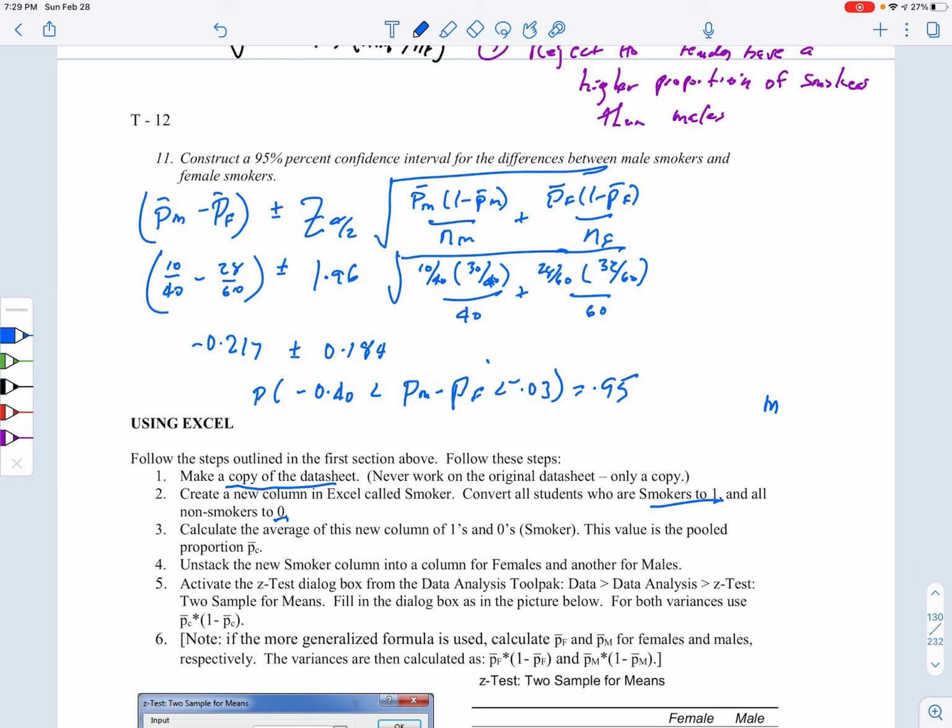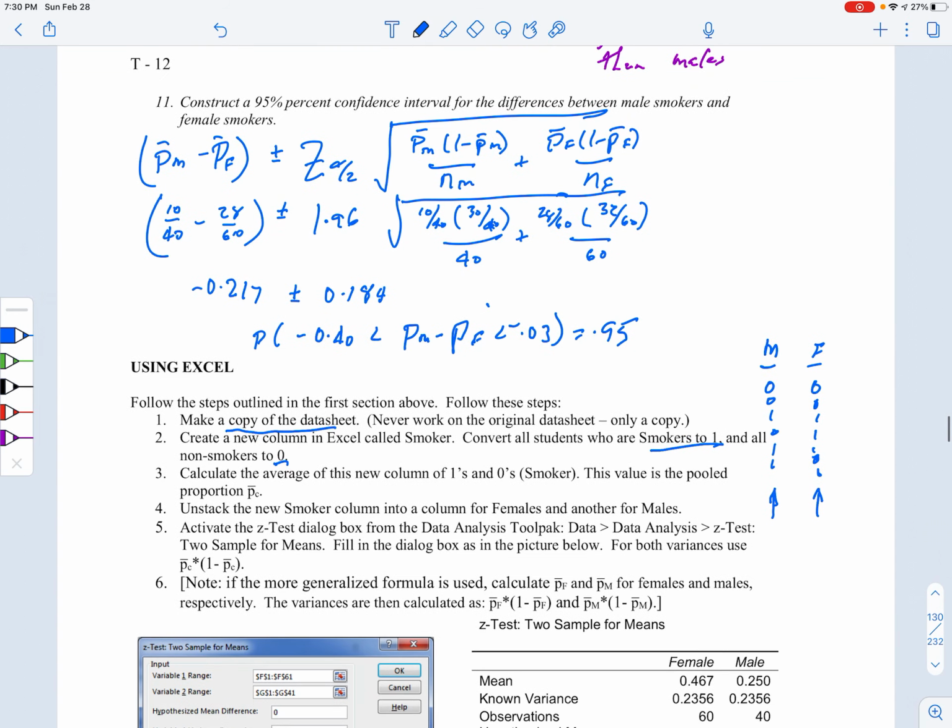So you'll have a column of males and then a column of females that look like this, with zeros and ones and so on. But these came from the smokers column, right? So you have to convert the smokers into zeros and ones. And then it will work out quite nicely.